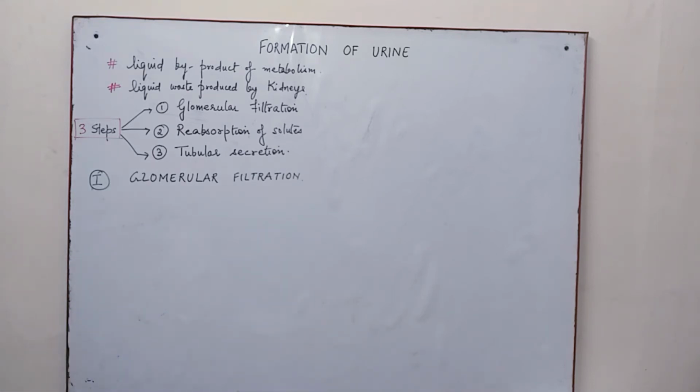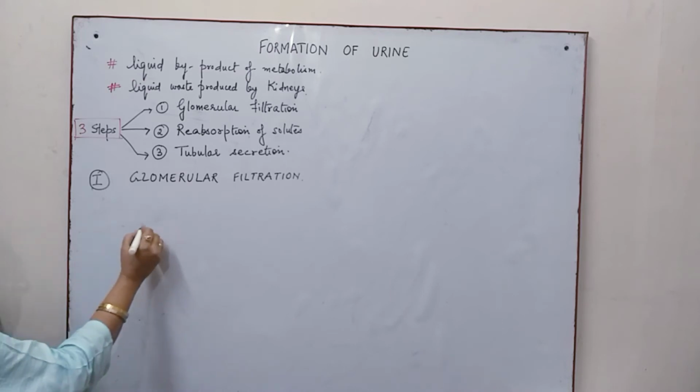Glomerular filtration, when we define it as a process, produces a protein-free liquid, and the glomerular filtrate is filtered from the blood of glomerular capillaries to the lumen of the Bowman capsule. And this process is known as glomerular filtration. Let us first understand what the process actually is.